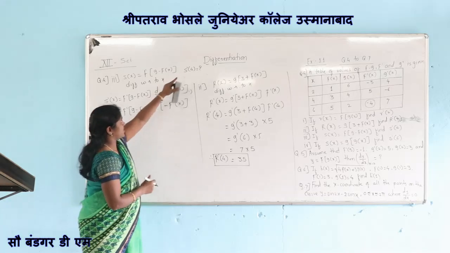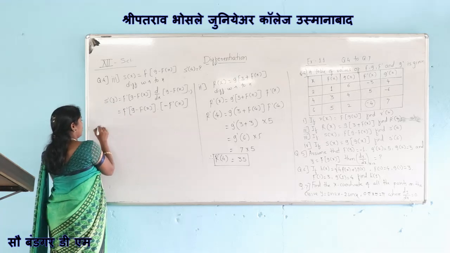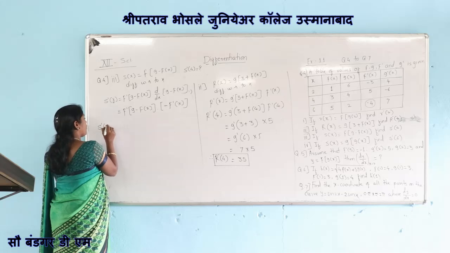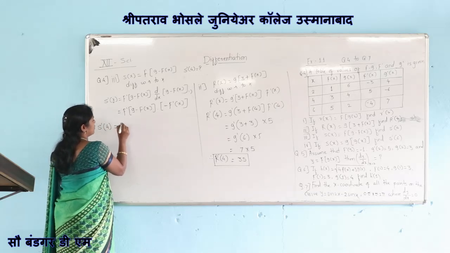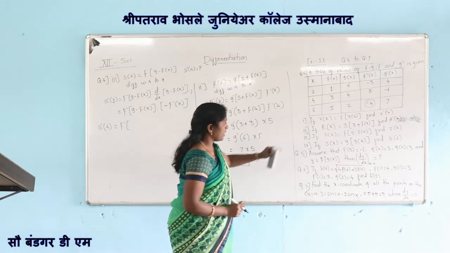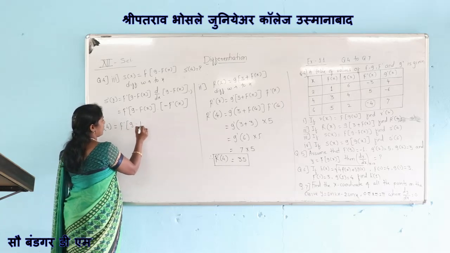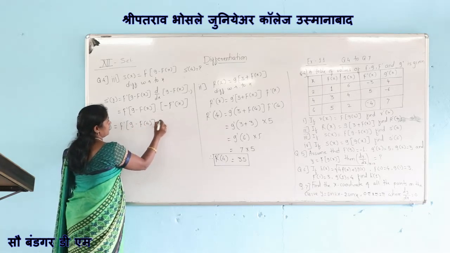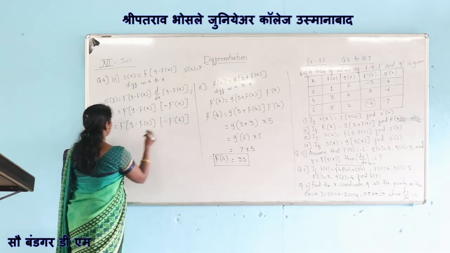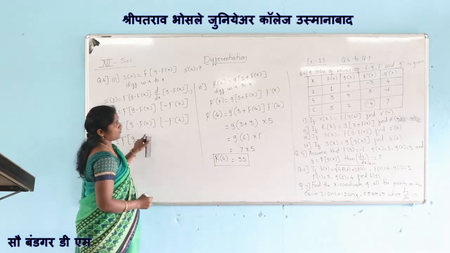Now we have to find s dash of 4. So for s dash of 4 we replace x by 4. So s dash of 4 is equal to f dash of 9 minus f of 4 into minus f dash of 4.